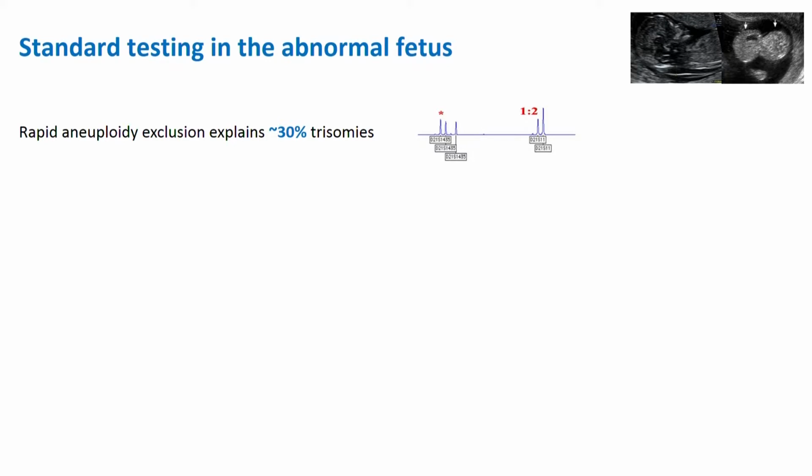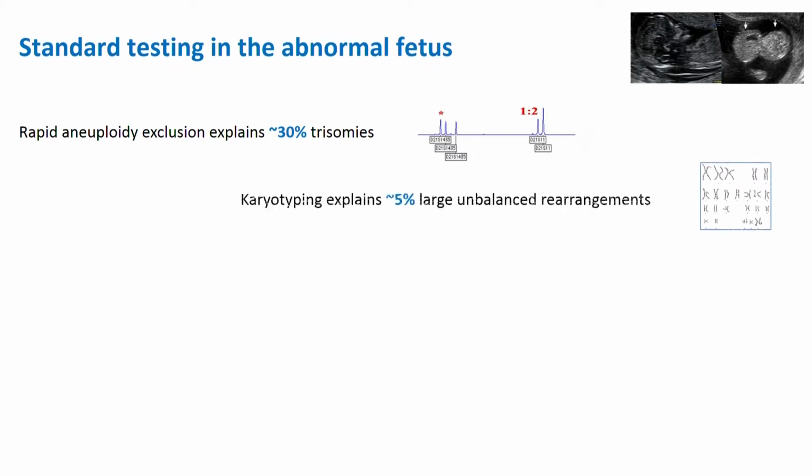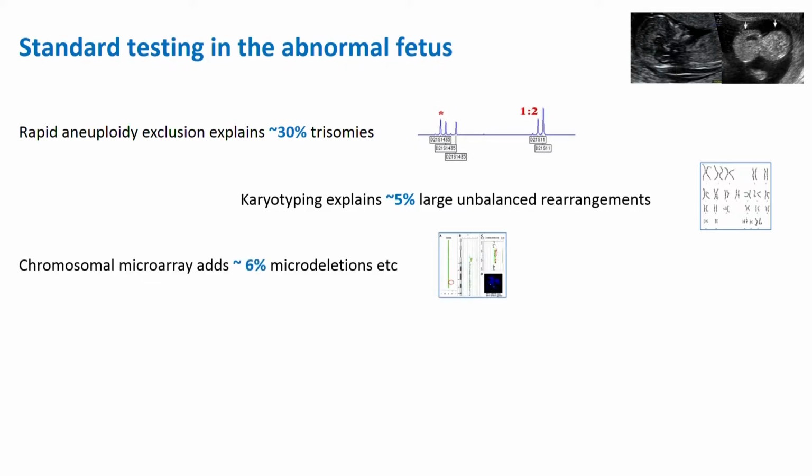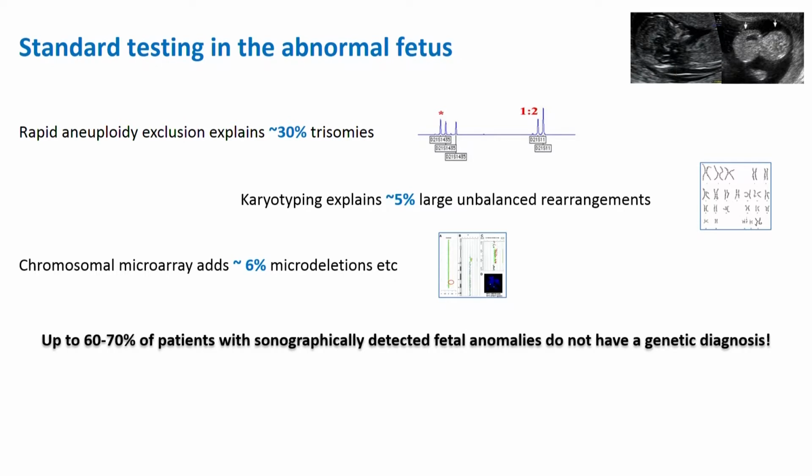So rapid aneuploidy exclusion will explain about 30% of fetal abnormalities. Karyotyping will then detect about another 5% of large unbalanced rearrangements. And as Bryn's told you, microarray will then detect microdeletions, etc. But that will still leave about 60 to 70% of fetuses with a sonographic abnormality without a genetic diagnosis.